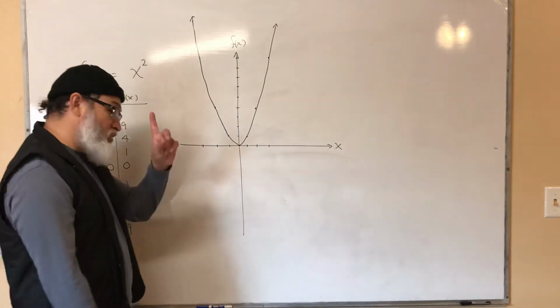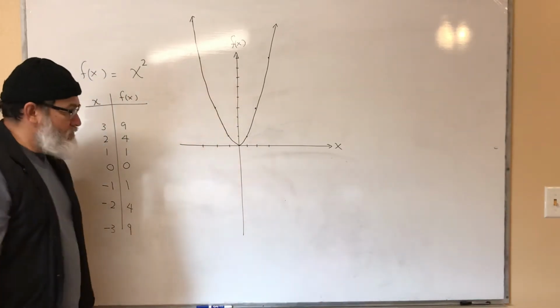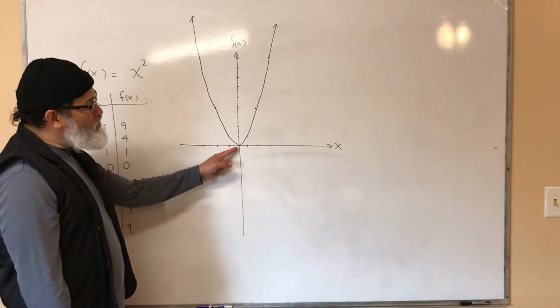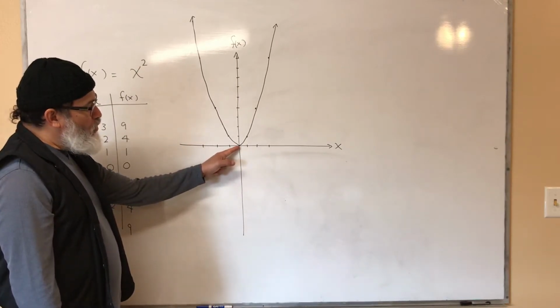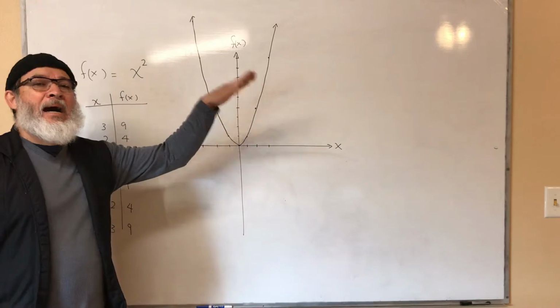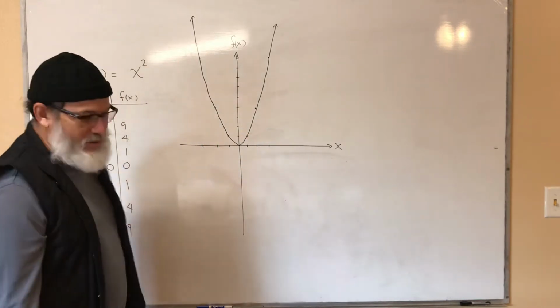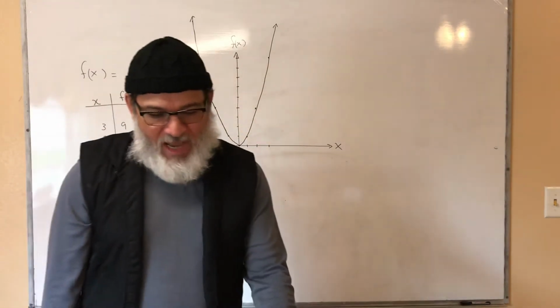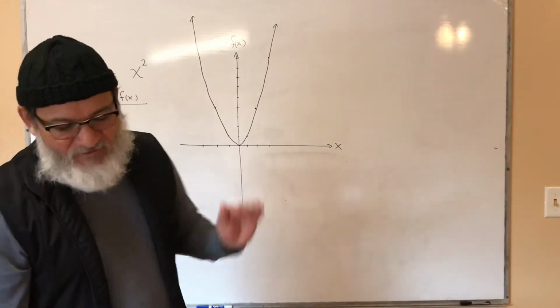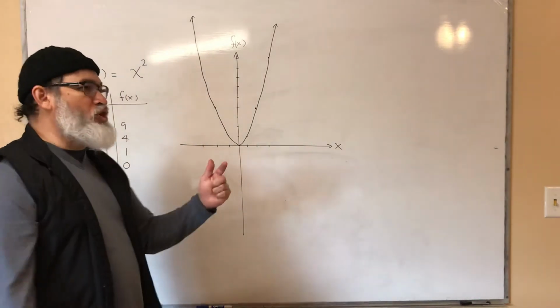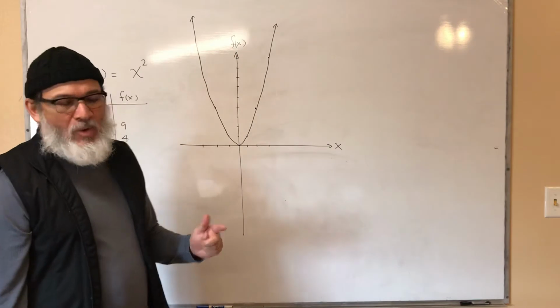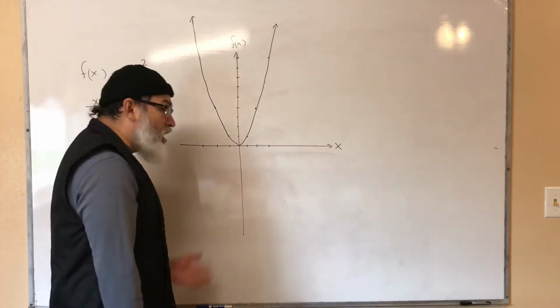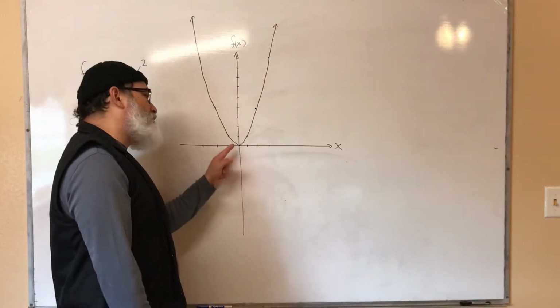Note also that at x equals 0, we have a minimum. At x equals 0, we have a minimum. And in fact, we're going to call it the absolute minimum. Why? Because there is no other minimum value or minimum point than this one.